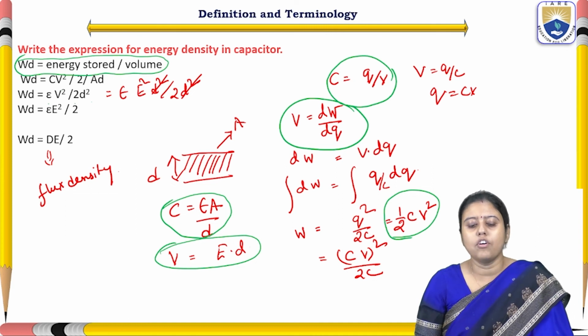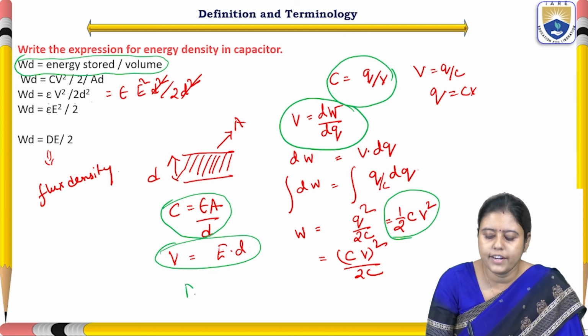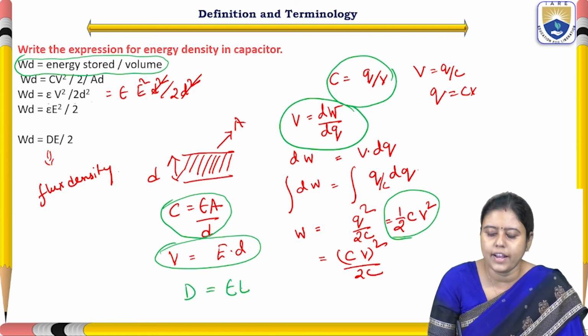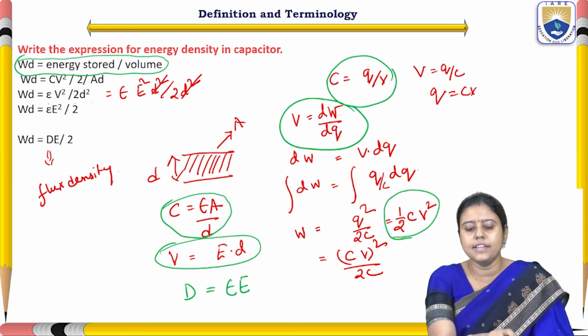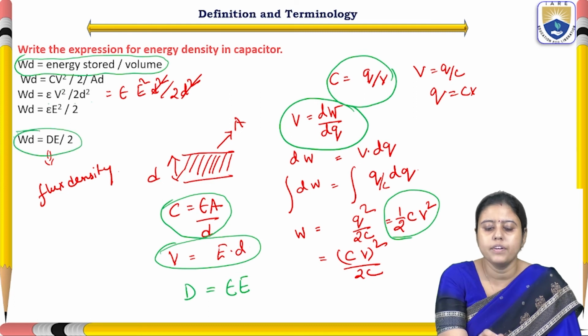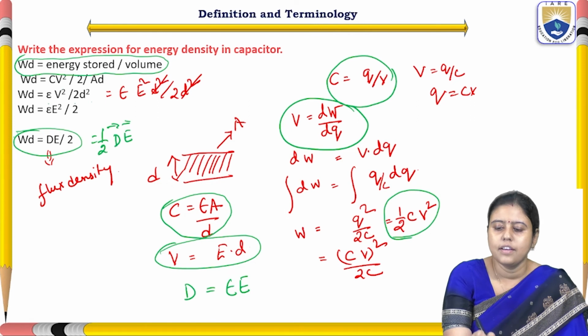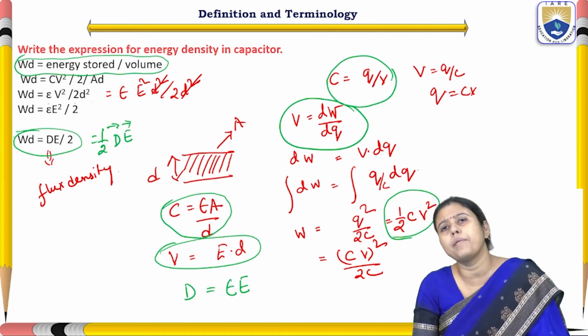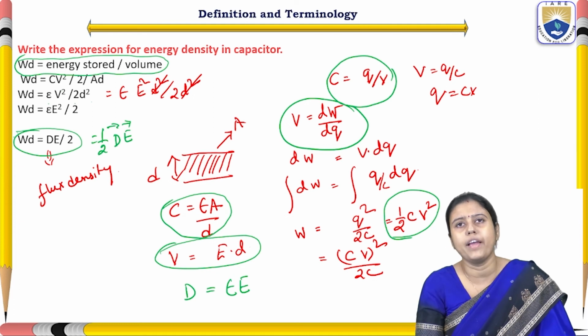And according to Gauss law, the last important definition is D is equal to epsilon E. So epsilon E is equal to D, and W_D is equal to half D into E. This question is very, very important for any type of competitive exam.